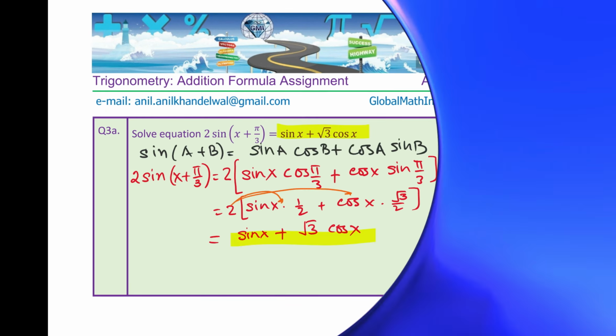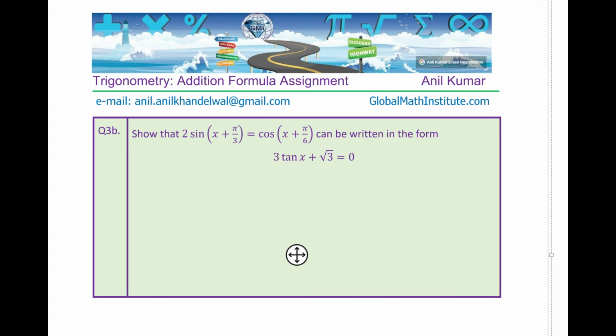Now let's look into part B, which is to show that sine x plus pi by 3 is cos of x plus pi by 6 can be written in this particular form. So now to show that, we know the left side, we have already done that, is equal to what?